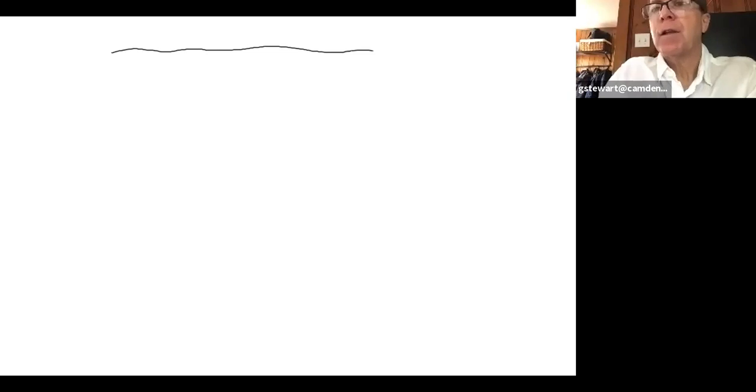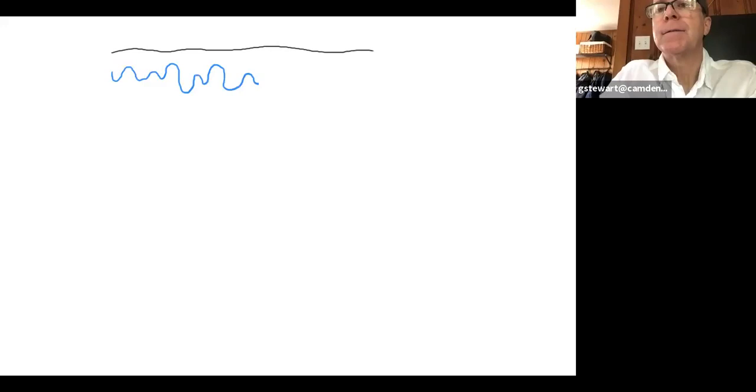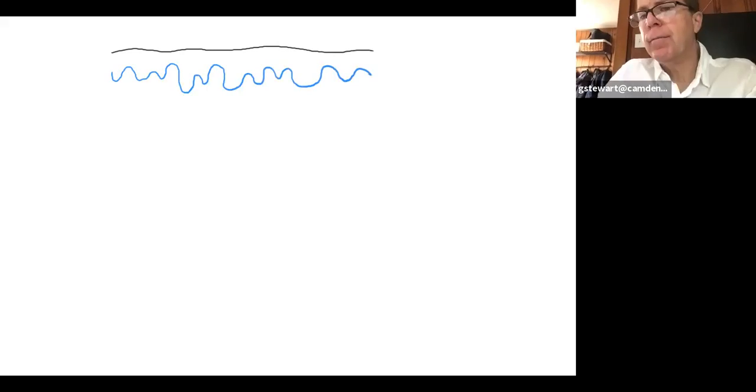That's going to be the surface of the skin. And then below that, we see this wavy line like this. And then deep to that, we see this sort of connective tissue like this.